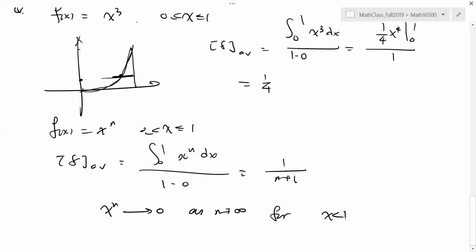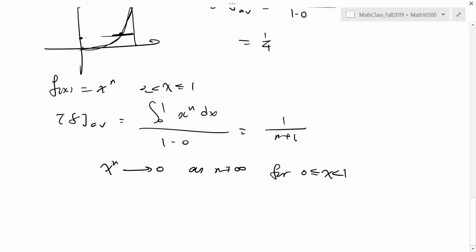x to the n approaches 0 as n approaches infinity, for x greater than or equal to 0 and less than 1. So as long as x is less than 1, x to the power n approaches 0 as n increases. When n increases, you get a family of graphs that collapse to the x-axis.